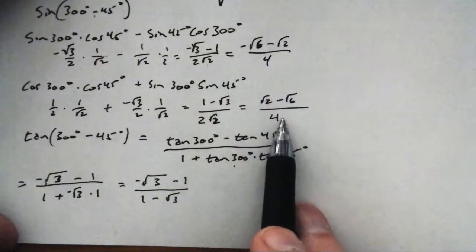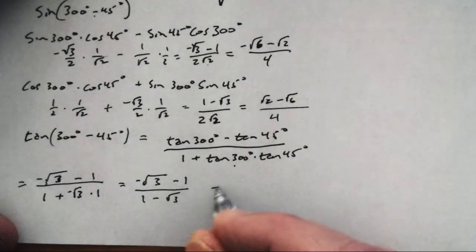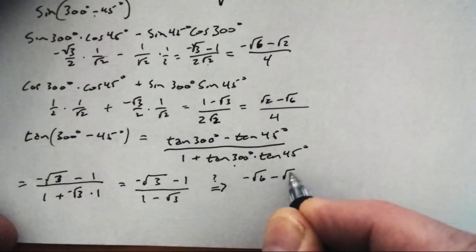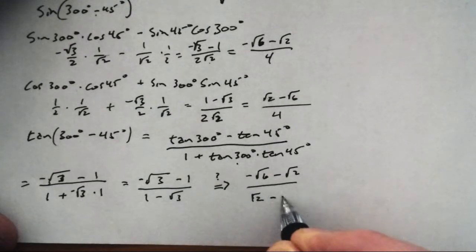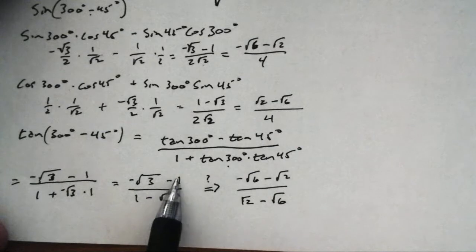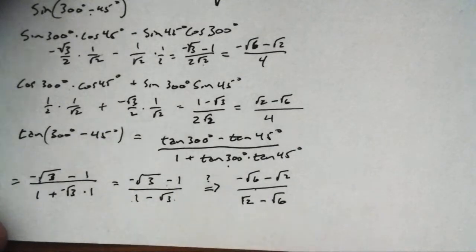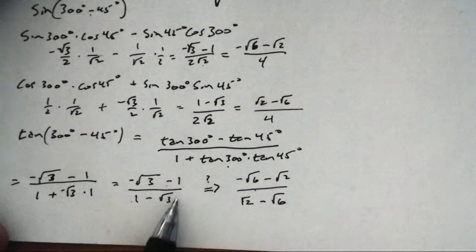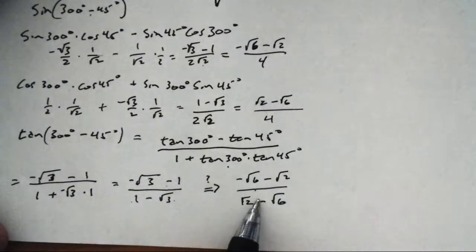If I put this on this, the on 4's cancel, and I get negative square root of 6 minus square root of 2 all on square root of 2 minus square root of 6. And take a look what would happen if I would multiply this by square root of 2 on square root of 2. We'd get exactly to there. So again, to rationalize this, we'd multiply by 1 plus square root of 3 on 1 plus square root of 3. But if we're finding sine and cosine, we can do this on this and get to there and then simplify that.